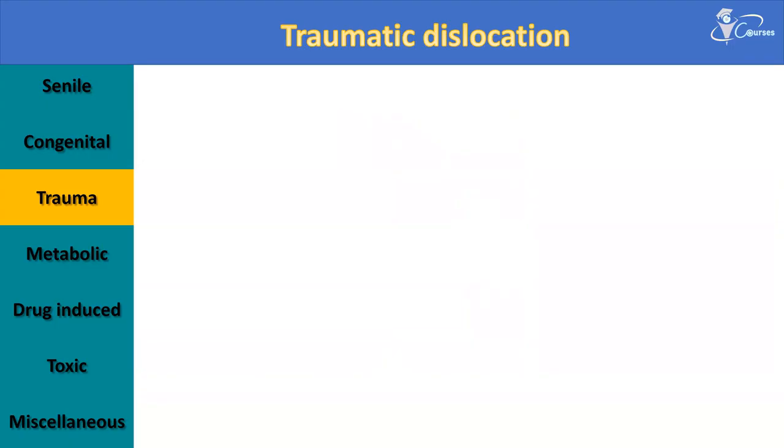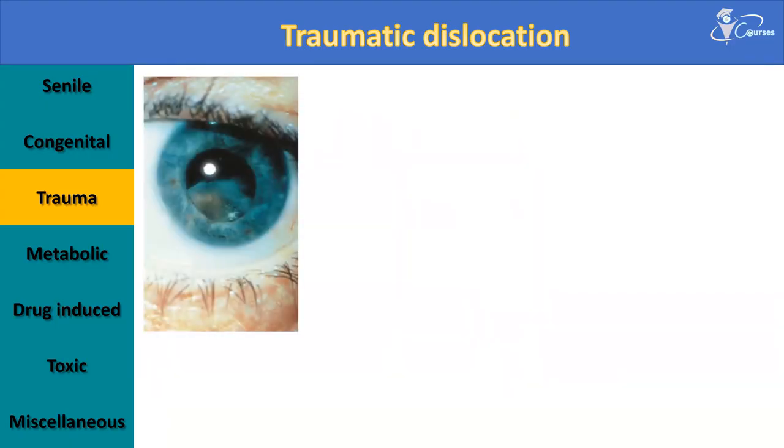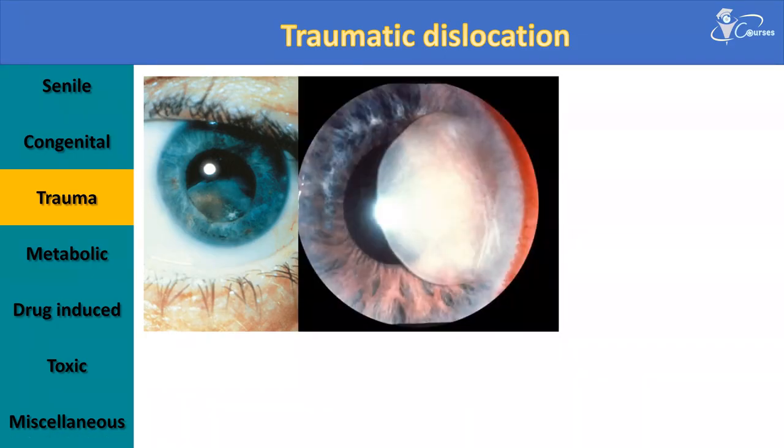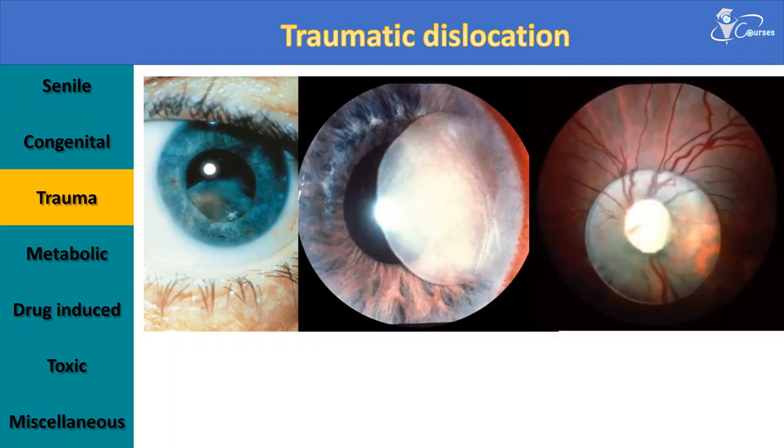Another sign of trauma will be traumatic dislocation. If there is a blunt injury, this will cause damage to the zonule, leading to dislocation of the lens. As you can see here, there is subluxation of the lens, and it can be luxated anteriorly or posteriorly, as we mentioned. So it can become anterior to the iris, or it can drop into the vitreous.